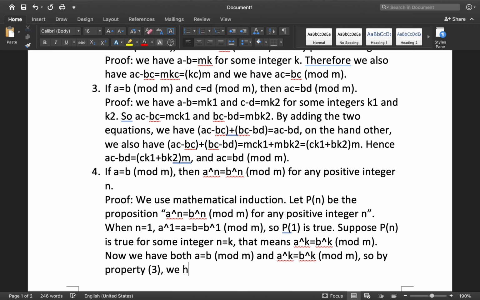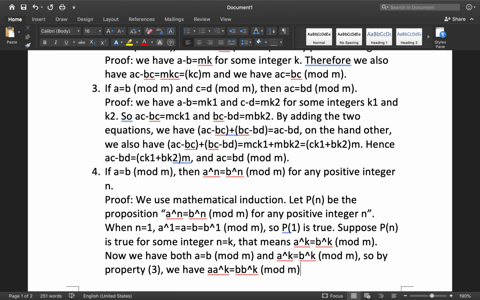We have a times a to the power k, that will be congruent to b times b to the power k. Exactly, you just apply property 3. But of course you have to identify what c and d are.